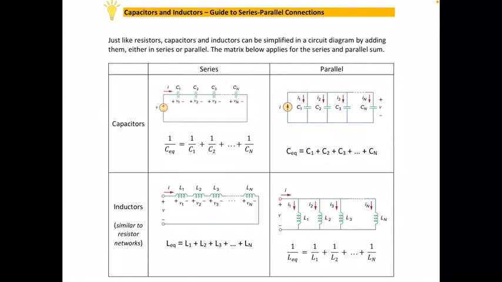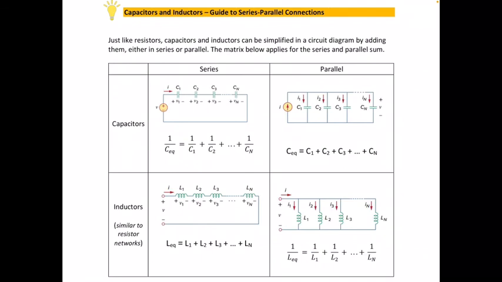Our final topic for this lesson is to solve for capacitors and inductors connected in either series or parallel or both. So you won't just encounter capacitors and inductors as standalone loners. They are often connected with other elements of their kind, either in series, parallel, or both.